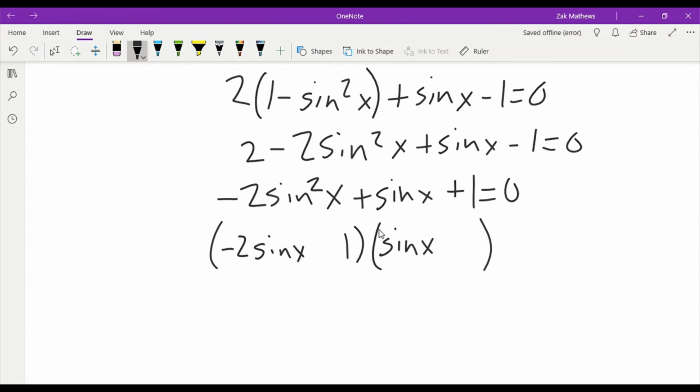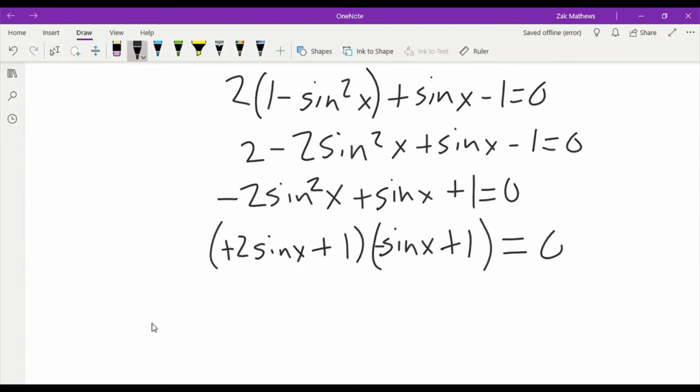The factors of 1 are 1 and 1. So if I look at this right now, I'd have negative 2 sine x and a positive sine x. So I can make both of these negative if I want to. Or maybe the easier thing to do is just switch which one the negative is on. So I'll have a 2 sine x and a negative sine x to get me to 1. And that way I can leave both of these positive.